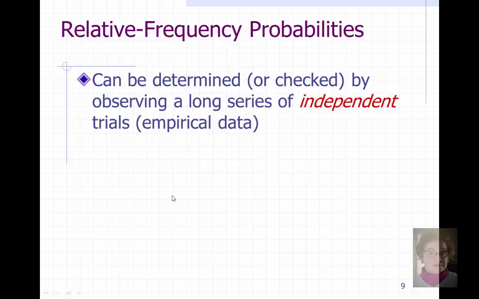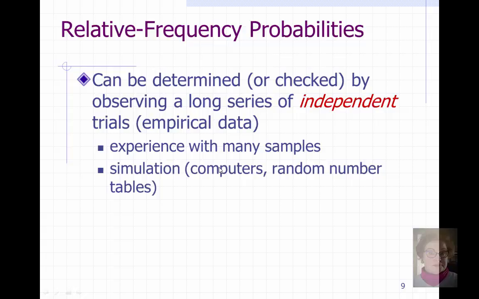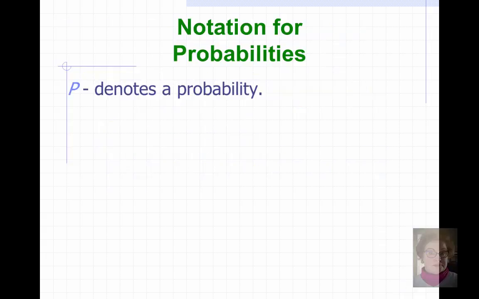Now, these probabilities can be determined or checked by a long series of independent trials. When you do the trials and you count them, this is called empirical data. It simply means that it was observable. So it's experience with many samples, and sometimes we do this with simulations, computers, random number tables, and we'll talk about this more as it becomes applicable in future chapters.